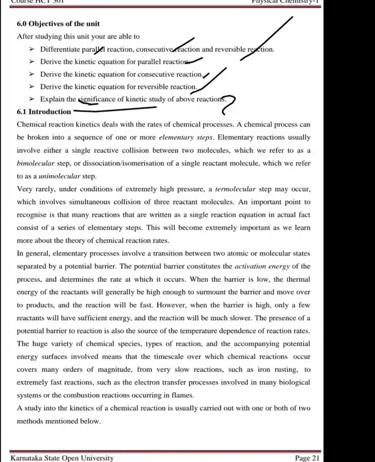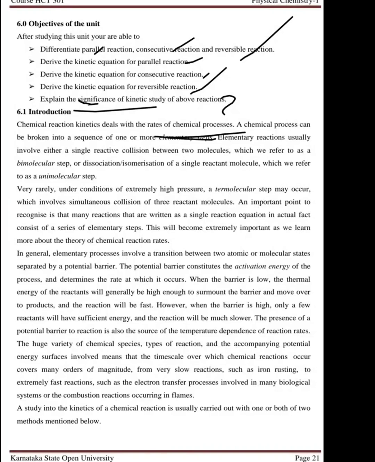Here chemical kinetics deals with the rate of chemical process. So it generally deals with the chemical process, and further, the kinetics of chemical reaction is usually carried out with one or both of two different methods.